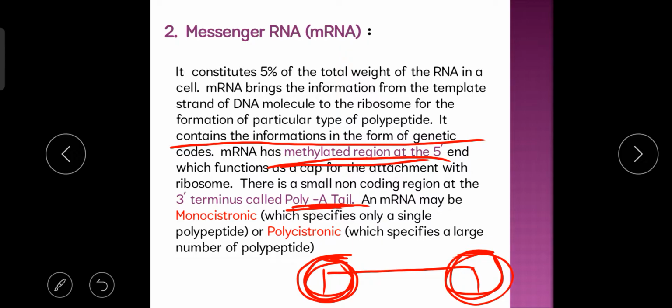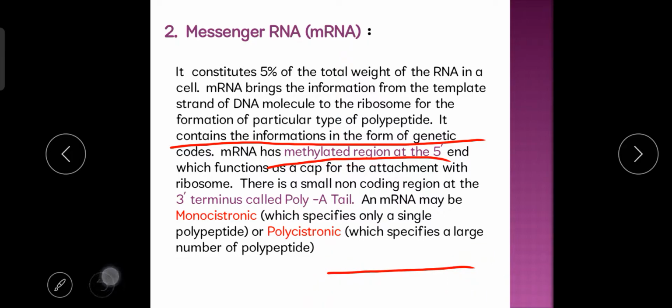So next, here, see, messenger RNA may be monocistronic and may be polycistronic. What does it mean?